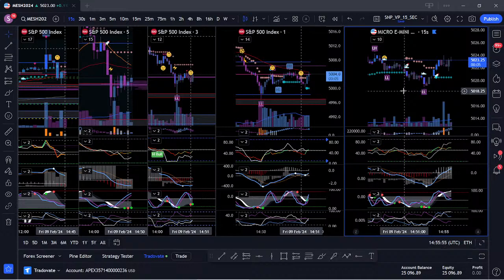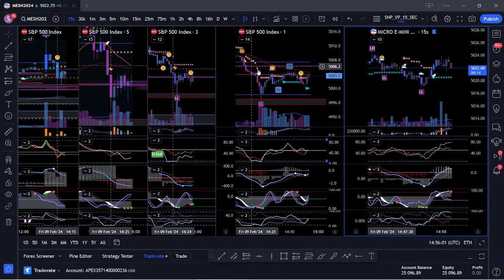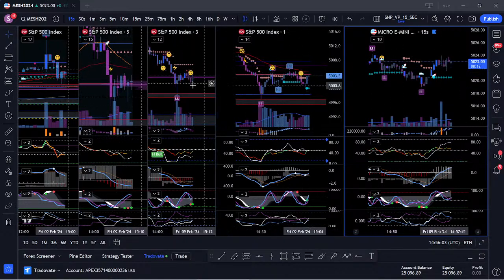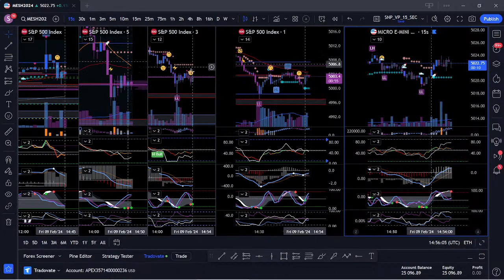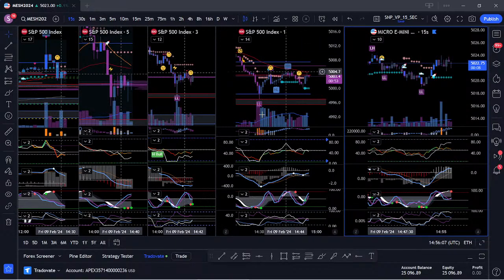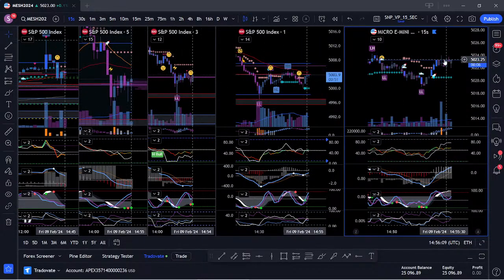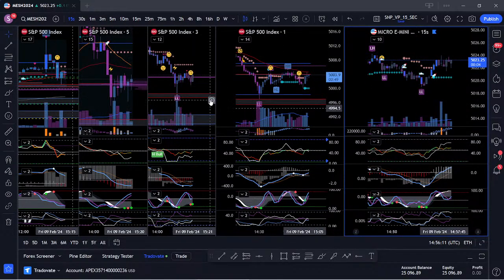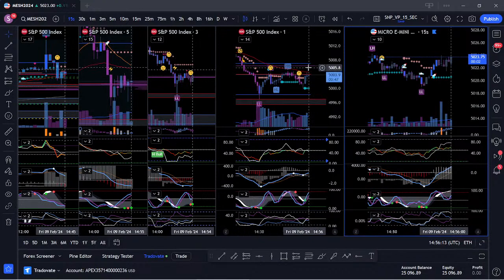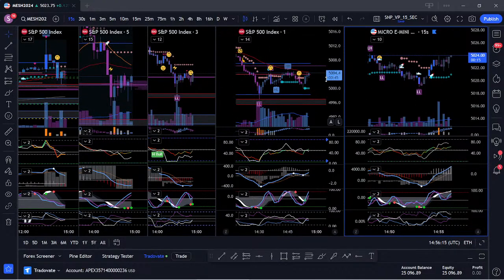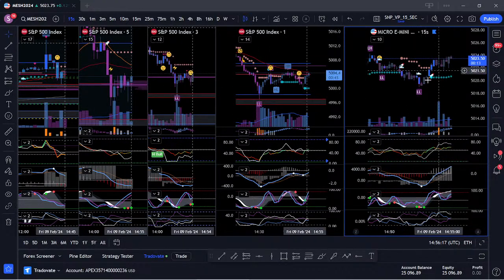The 15-second scalping has to get some kind of a move, at least on the 1 minute and 3 minutes. Any move, any pullback or a bounce on 1 minute or 3 minutes, we can enter on 15 seconds. But if the 1 and 3 are not moving, then we can't do anything on the 15.